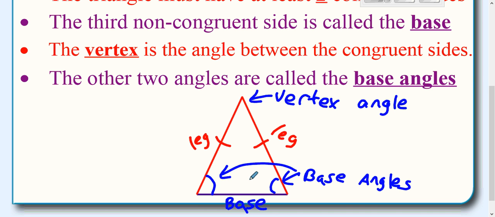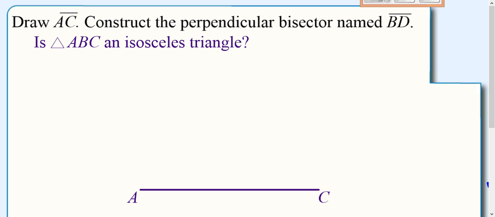So you've got 2 legs in the vertex angle, and then you've got the base with the 2 base angles. So we're going to do a construction. We're going to construct the perpendicular bisector of this segment down here, AC.